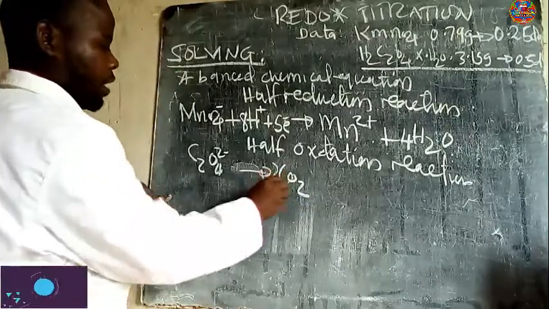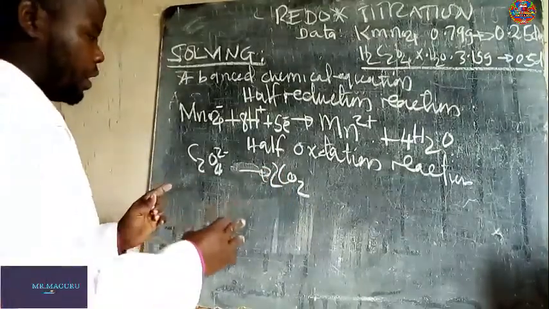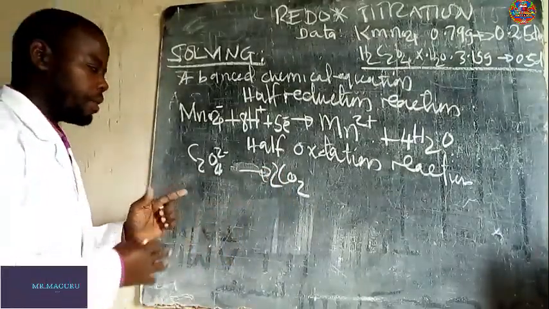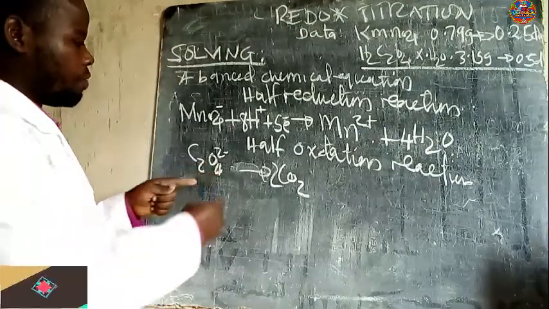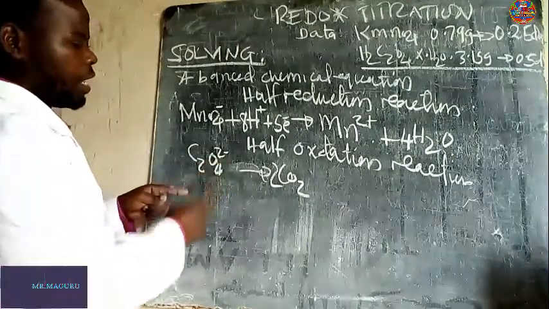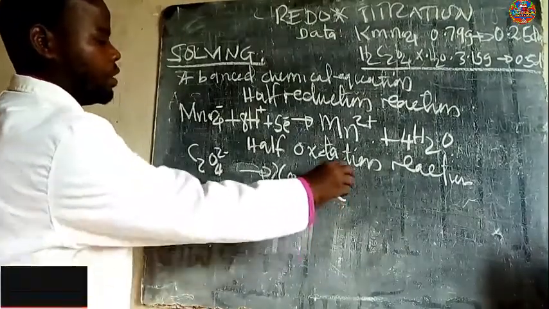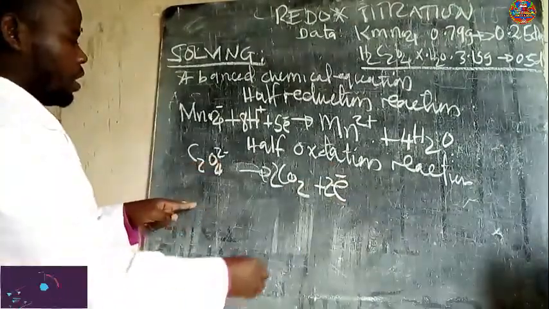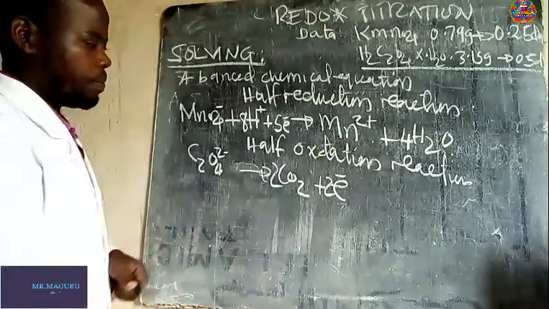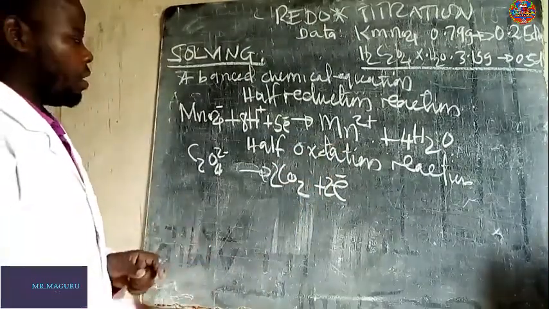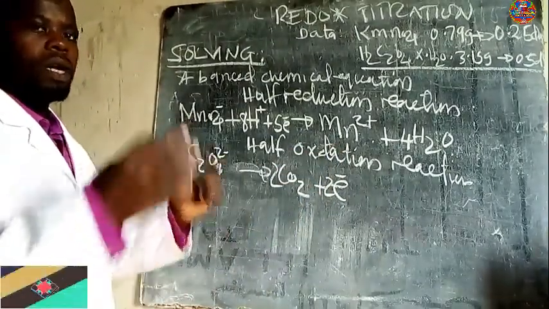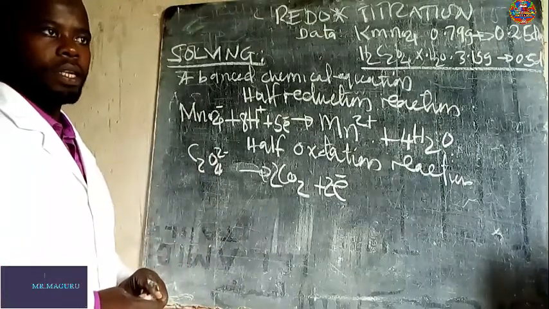When we balance here, this is balanced in elements, but the charges are not yet. So we have to add 2 electrons on this side. So this is 2, and this is 2. So that is balanced.